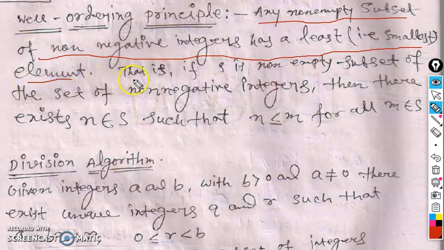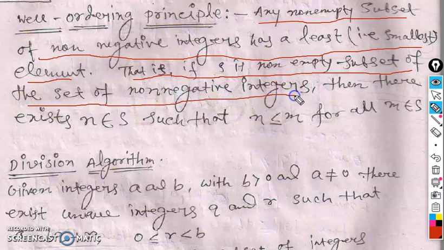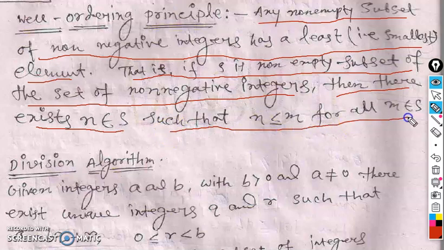That is, if S is a non-empty subset of the set of non-negative integers, then there exists n belonging to S such that n is less than or equal to m for all elements m belonging to S.